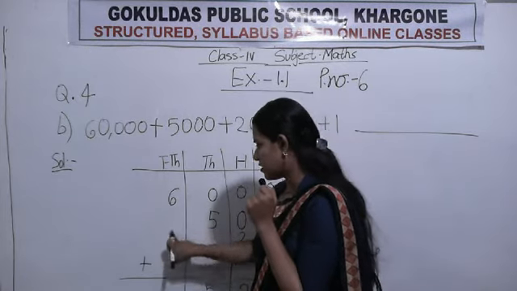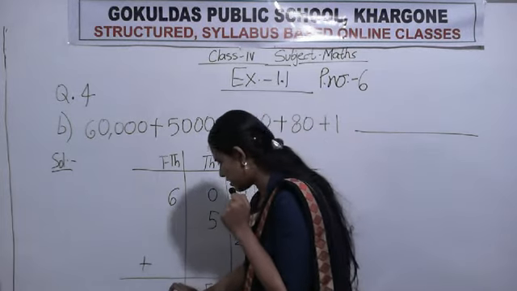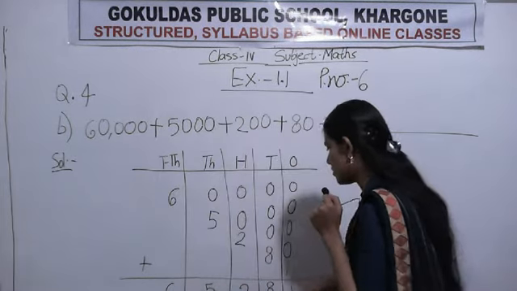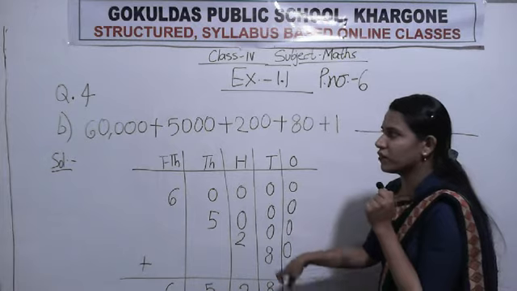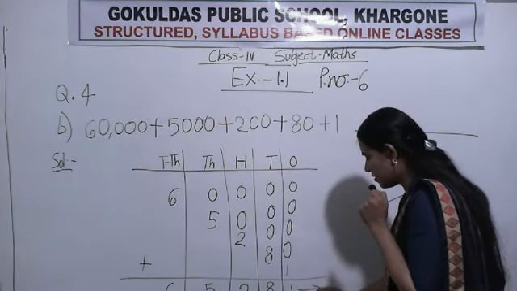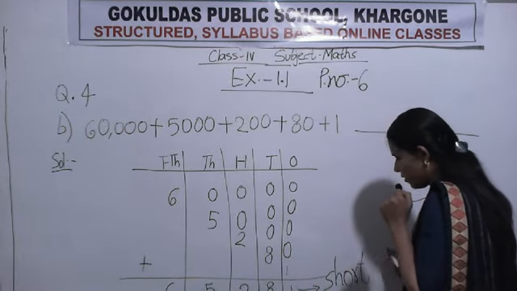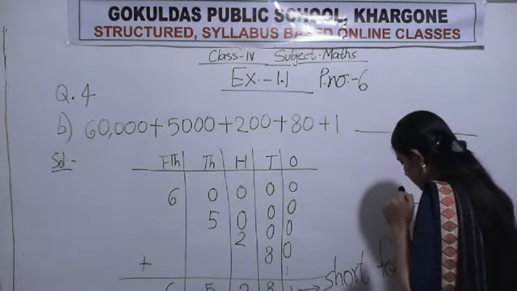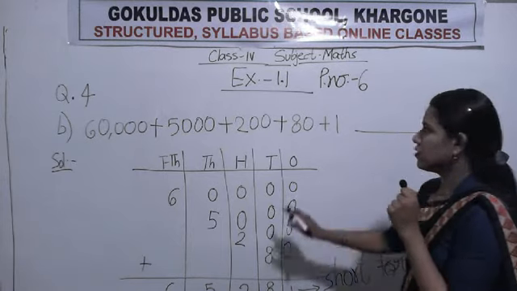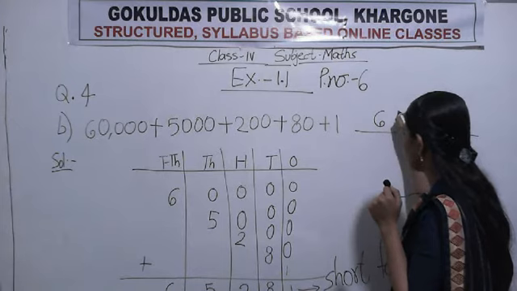Here no digits are there, only 6, so you write 6 as it is. So this is the short form of the number. We will write the short form here in our answer.